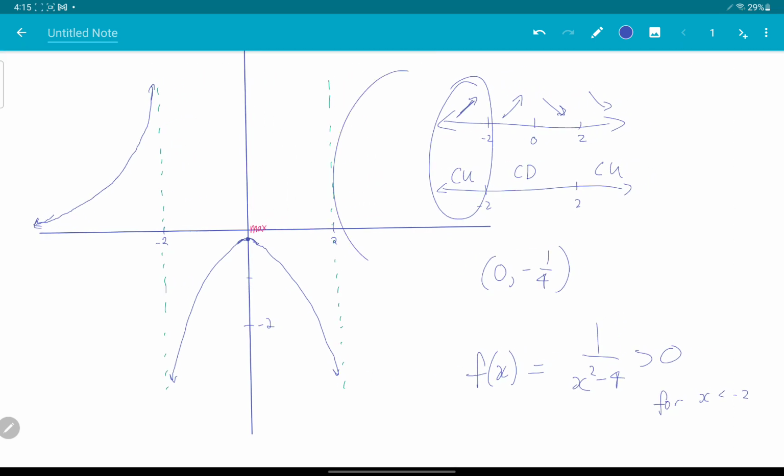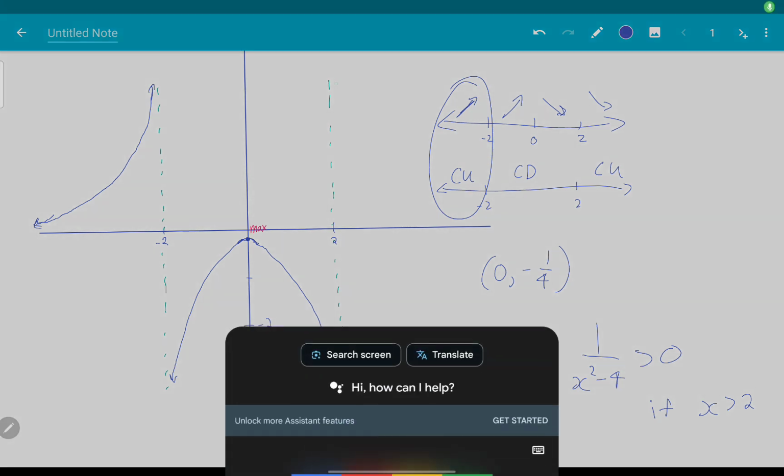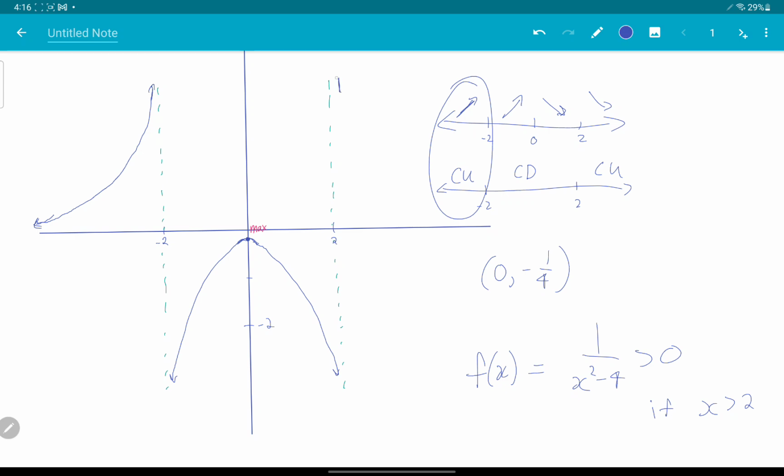Now over here, it's decreasing and concave up. If I look at the function, I can determine that it's actually going to be up here and not down here, because if x is bigger than 2, then my function is positive. So the function is happening up here. And we found earlier that I have this asymptote to respect here.